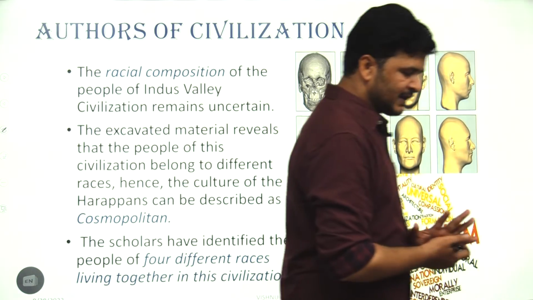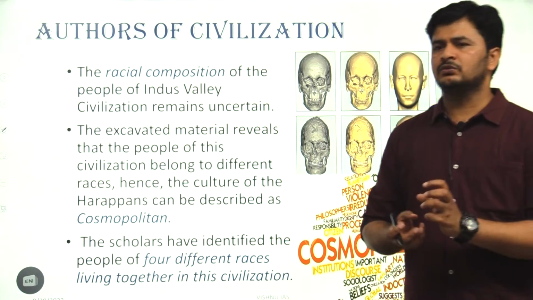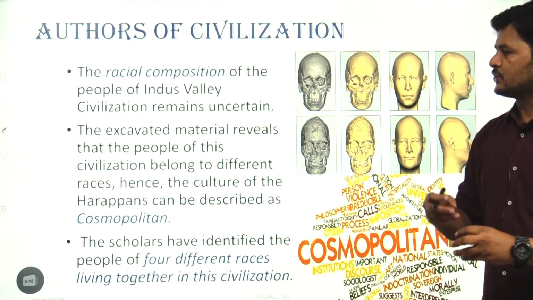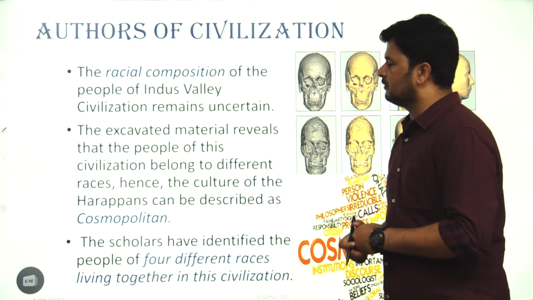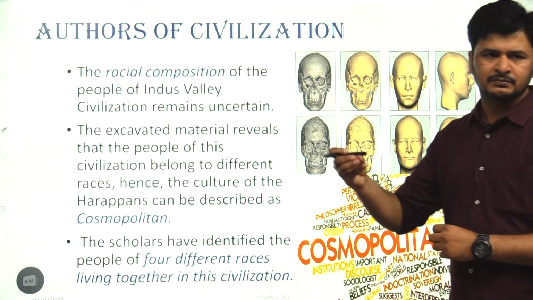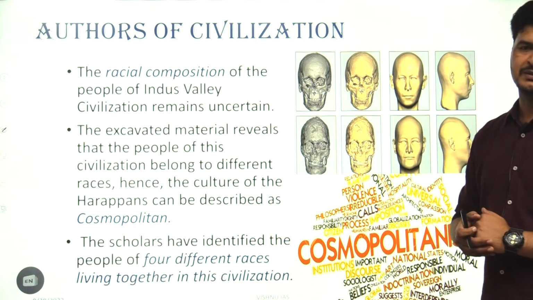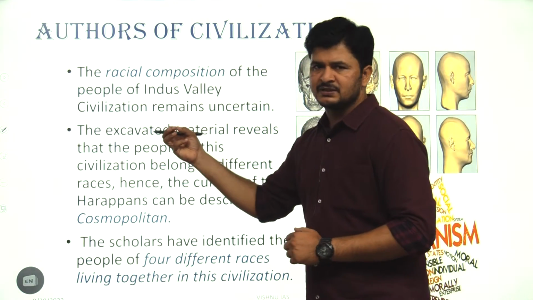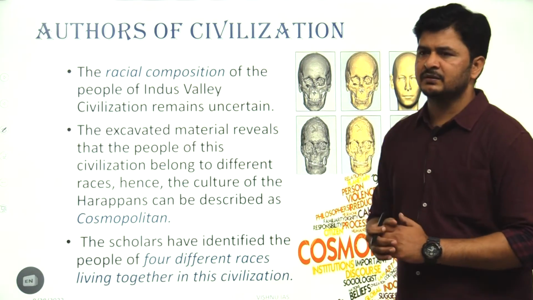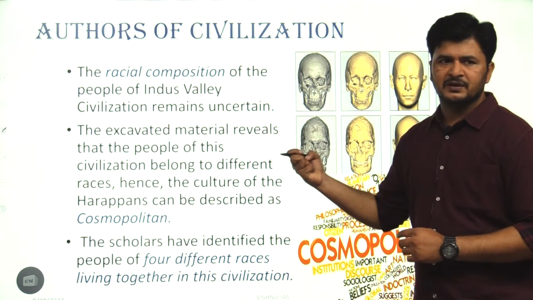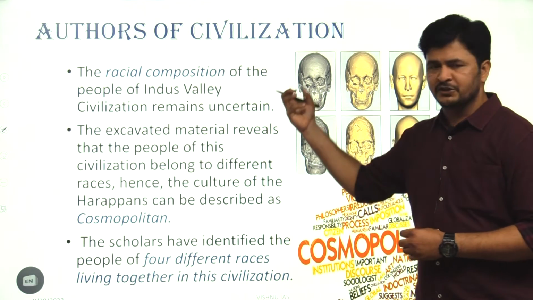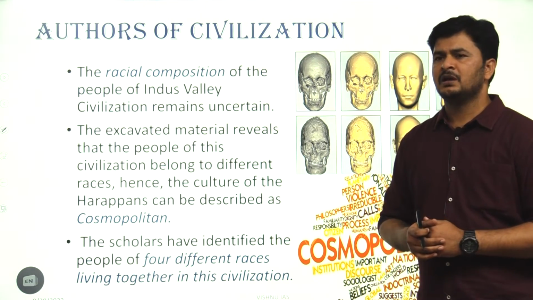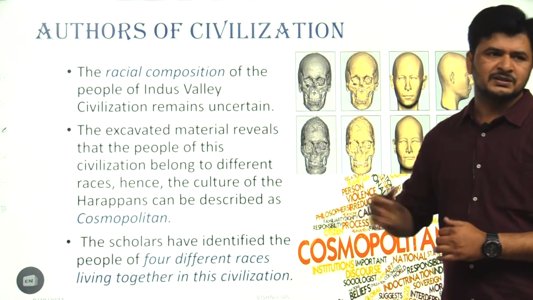Since we don't have clarity over the script, obviously we were forced to depend on archaeological evidences. During archaeological work, we did come across various discoveries. For example, we have the bronze dancing girl, followed by the head of a priest, followed by Pashupati Mahadeva, which we'll speak about in subsequent classes, followed by the mother goddess images.